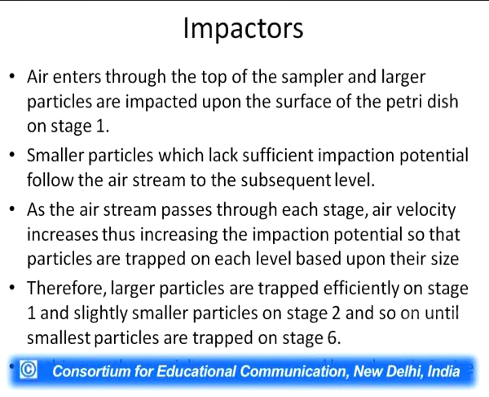As the air stream passes through each stage, air velocity increases, thus increasing the impaction potential, so that particles are trapped on each level based upon their size. Therefore, larger particles are trapped efficiently on stage 1 and slightly smaller particles on stage 2, and so on until the smallest particles are trapped on stage 6. In this way, the particles are segregated based on their size.